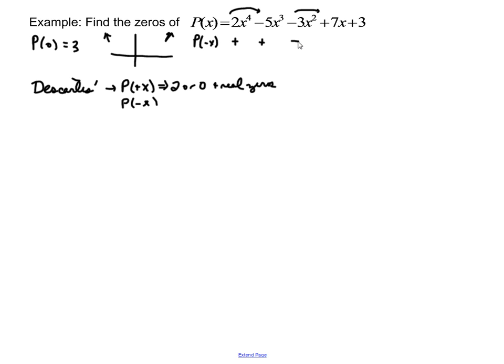We'll end up with a negative next term, negative 3x squared. Then negative 7 times negative x is positive 7x, plus 3. So we have, again, one sign change, two sign changes, so it implies that we would have two or possibly zero negative real zeros.